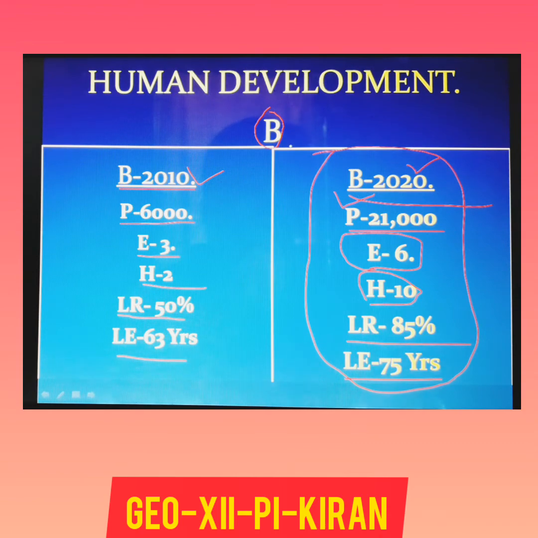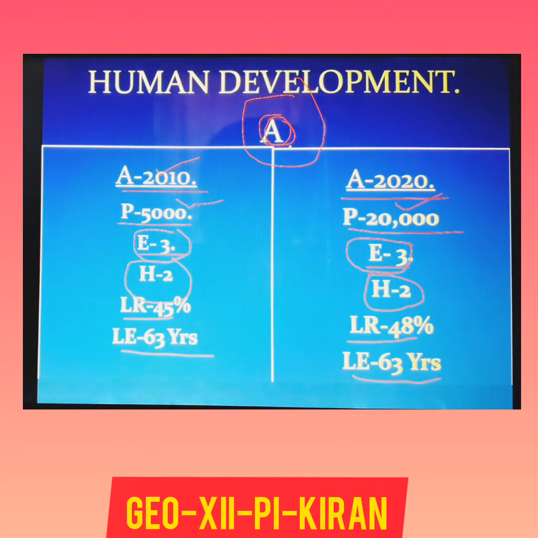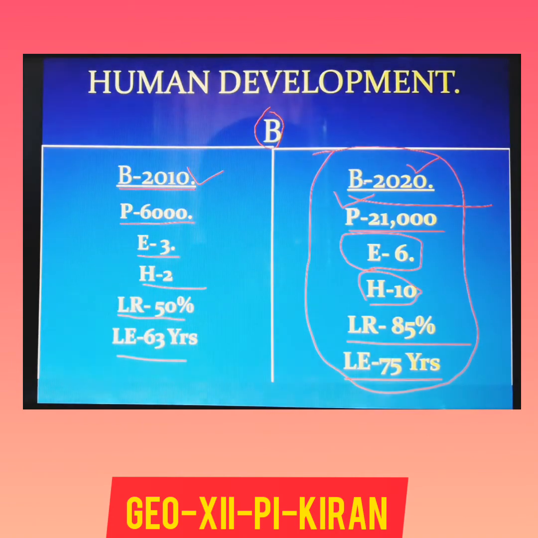Whereas if you compare B and A, A has less human development in case of the facilities and the quality of life. And B has a lot of human development that has taken place here.